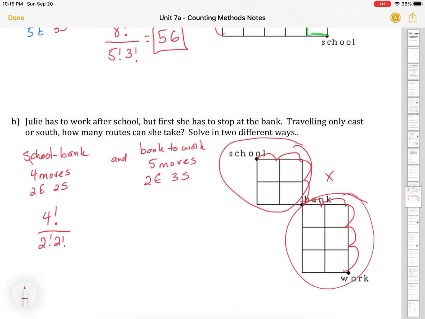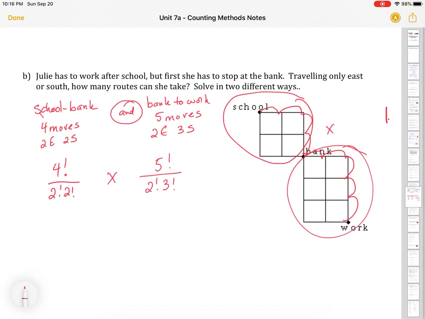So what you see is that she has 2 different journeys, but what we have to do is calculate each of them separately, and then we're going to multiply them. Okay? And that's going to help us figure out exactly what's going on in that journey. Okay, so let's figure that out. So from here, it'll be 5 on the top, 2 factorial, 3 factorial.